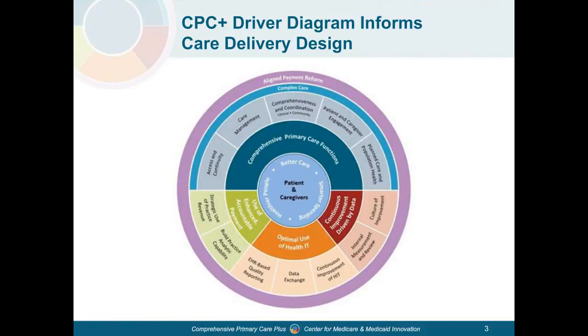And we believe that all of this work must occur in the setting of multi-payer aligned payment reform shown in the outer purple rim. Now I'm going to go back to those blue 5 primary care functions, which describe the care delivery work in CPC Plus.